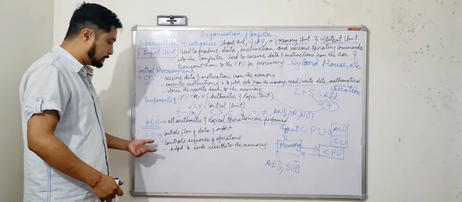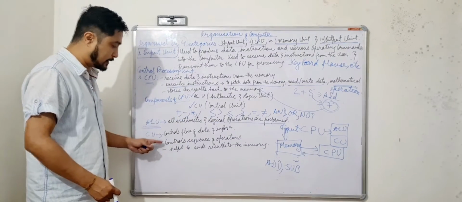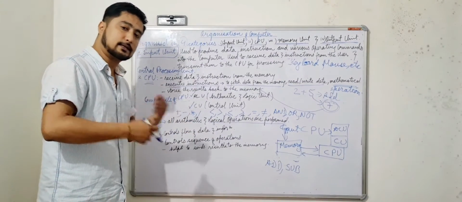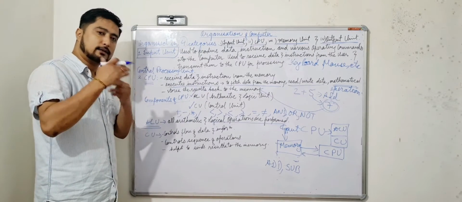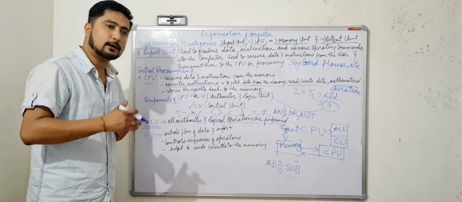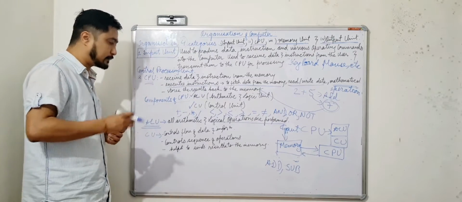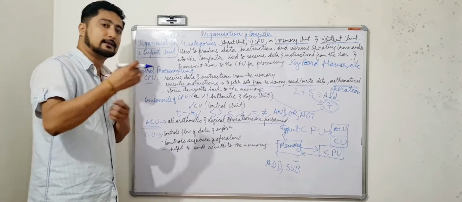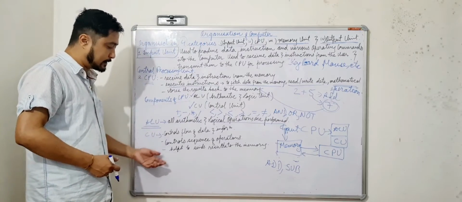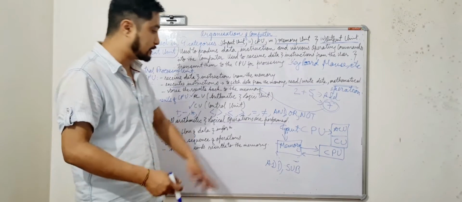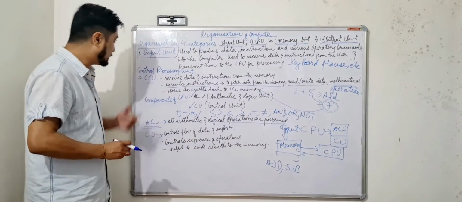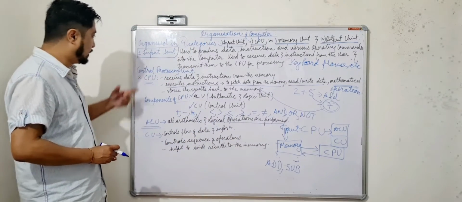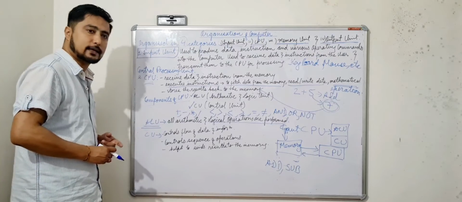The control unit also controls the sequence of operations: the instruction given first will be executed first, then the second instruction will be executed second. Next, it helps to send back the result to the memory. So these two are the input unit and the central processing unit.